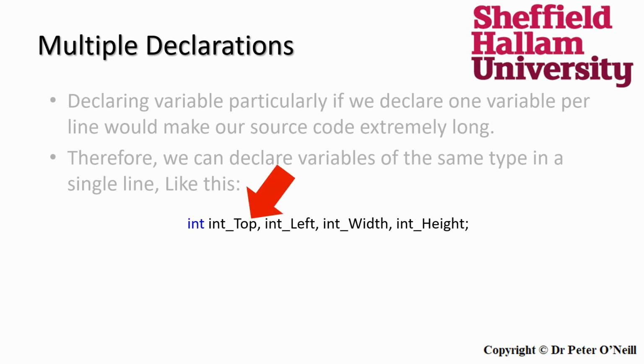Note that int top and int left are separated by a comma, and this is how we do it on one single line. Notice each of them are separated by a comma.